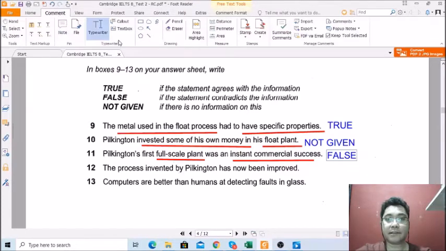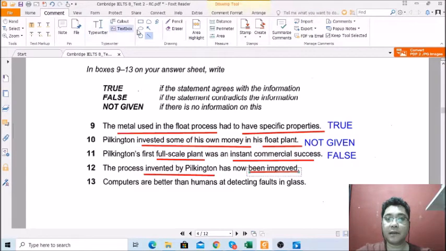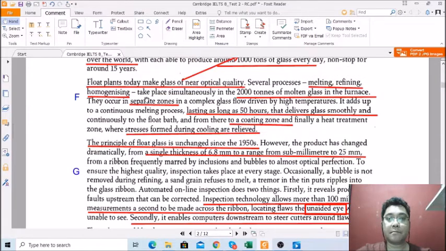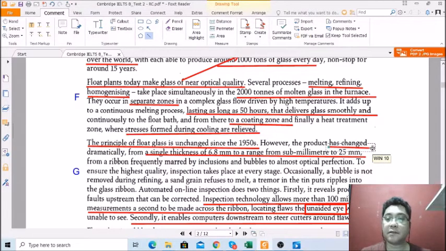Now, next. The process invented by Pilkington has now been improved. It is invented, then improved. Now let's see. We find the process here in G. The principle of float glass is unchanged. However, the product has changed. The product has changed is the paraphrase for improved.